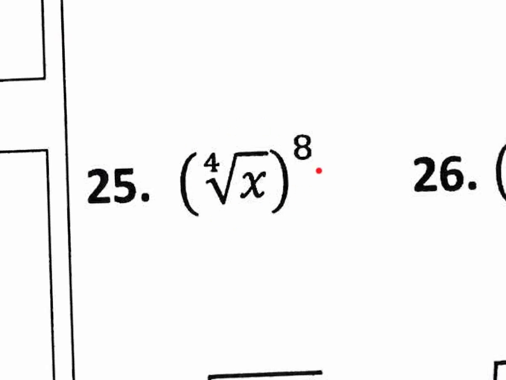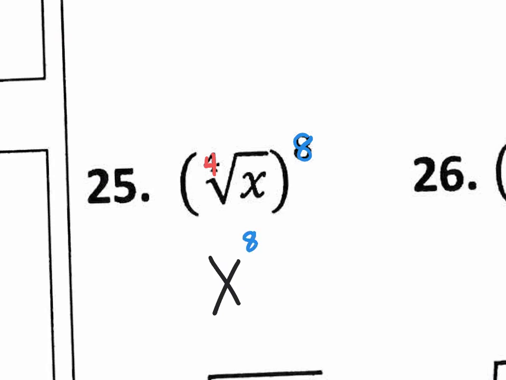So this guy right here, it's in radical form. If I wanted to simplify it, let's use what we just learned and write this as that base to the power of what over what? What's the rational exponent that I need to put on this x? That's right, the power of 8 over the root 4.